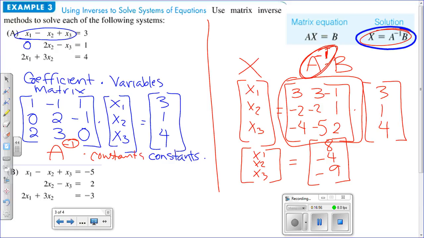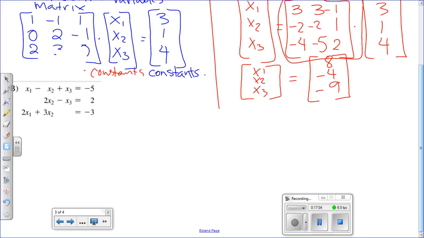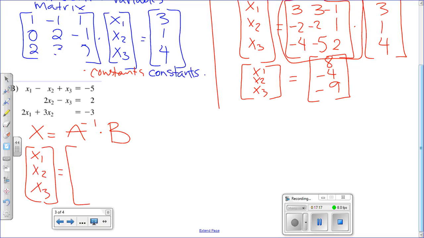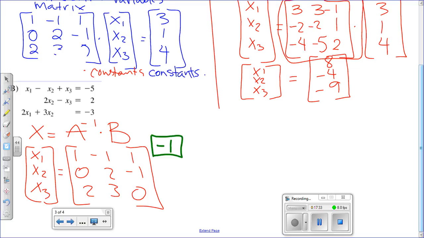Okay, so problem B, if we solve it the same way, we will be getting the variables x sub 1, x sub 2, and x sub 3 by getting the coefficient matrix. Now in this case, I'm going to write just the coefficients. So 1, negative 1, 1, 0, 2, negative 1, 2, 3, 0. And then make sure that you enter that negative 1 notation.